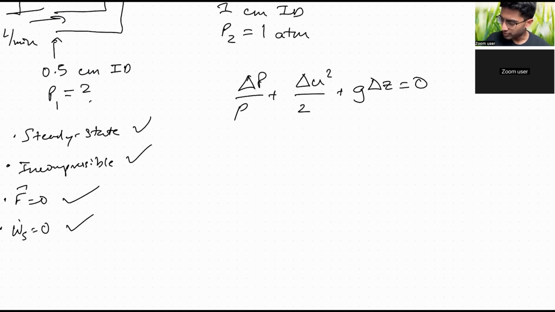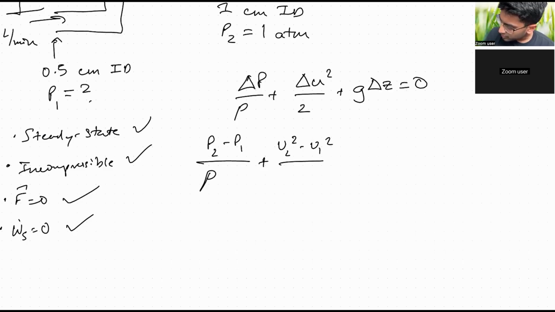Let's actually expand all these deltas here. So we have P2 minus P1 over rho plus U2 squared minus U1 squared over 2 plus g times Z2 minus Z1 equals 0.